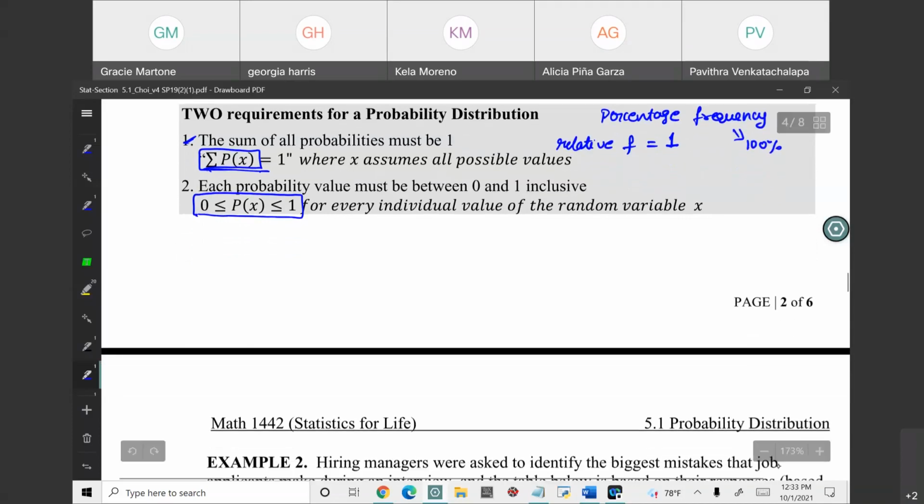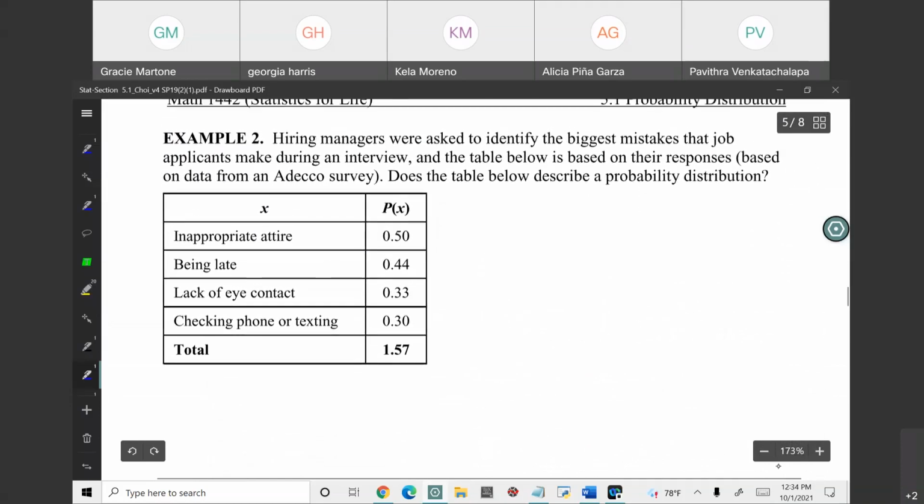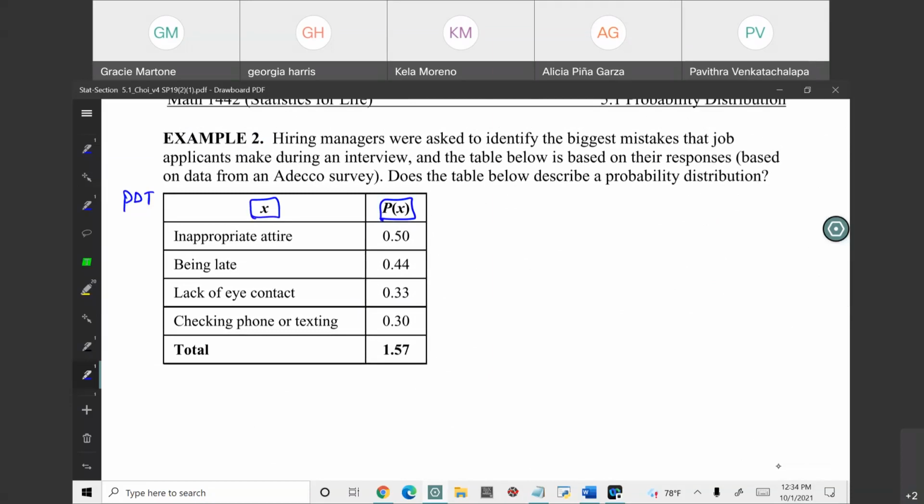Okay, so let us do some problems. Now, they have given x and P of x, also called a probability distribution table. Now we have to check whether this is a probability distribution or not. Yes or no. That's it. How can we check whether this table qualifies? You have to check two things, or even one thing.